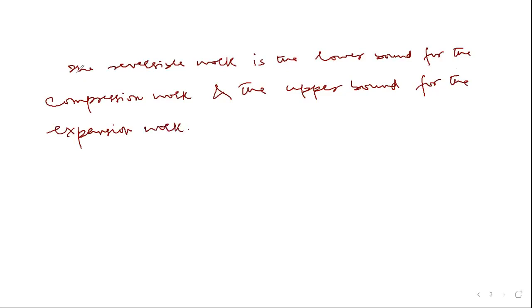I repeat, the reversible work is the lower bound for the compression work and the upper bound for the expansion work.